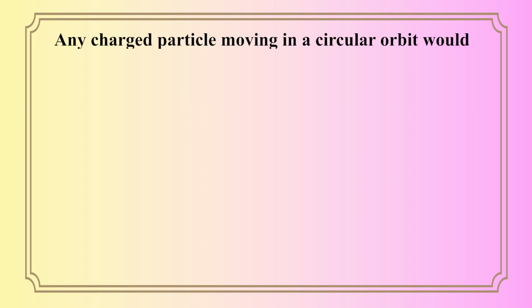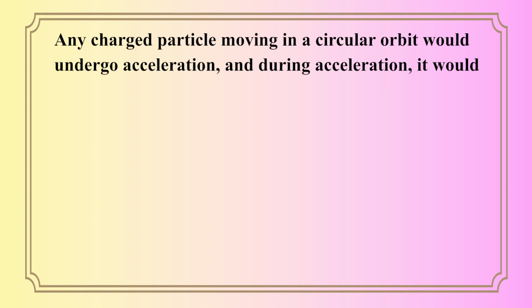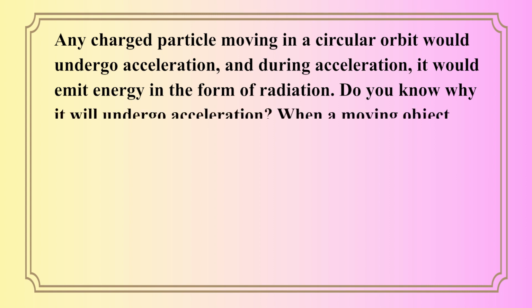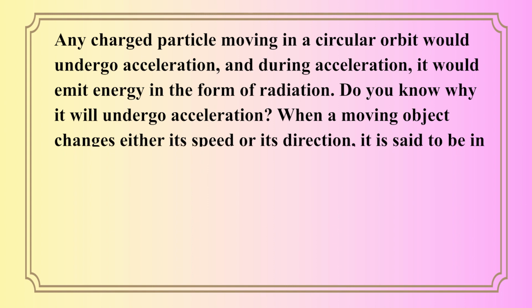One major limitation was related to the stability of the atom. Any charged particle moving in a circular orbit would undergo acceleration, and during acceleration it would emit energy in the form of radiation. Do you know why it will undergo acceleration?